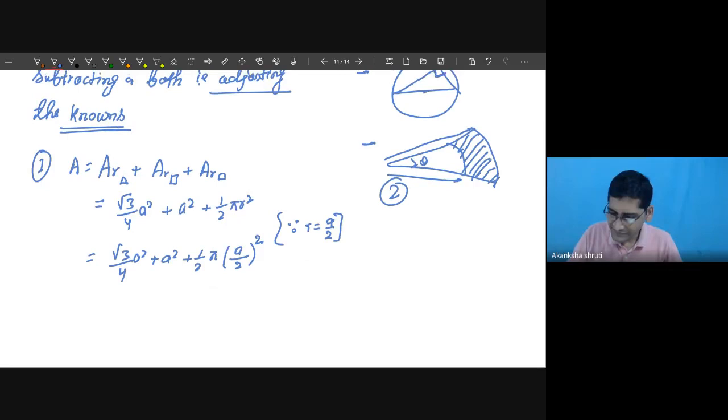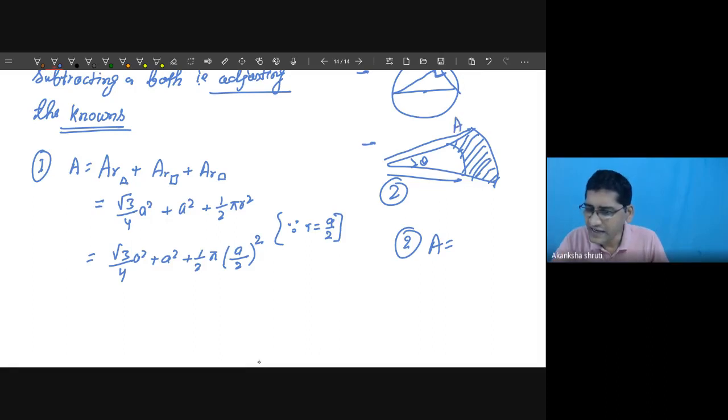For the second one, if we want to calculate the area in terms of theta, we take area AS1, and this is our AS2. So it is AS1 minus AS2, the areas of sector 1 and sector 2, with the same angle theta, whatever value may be given.